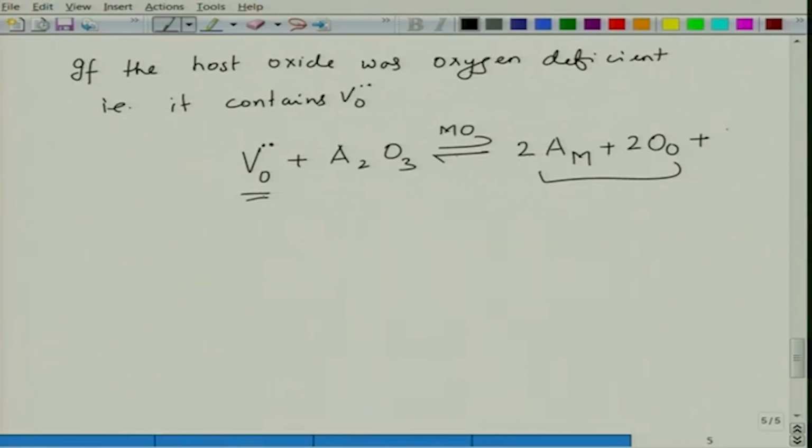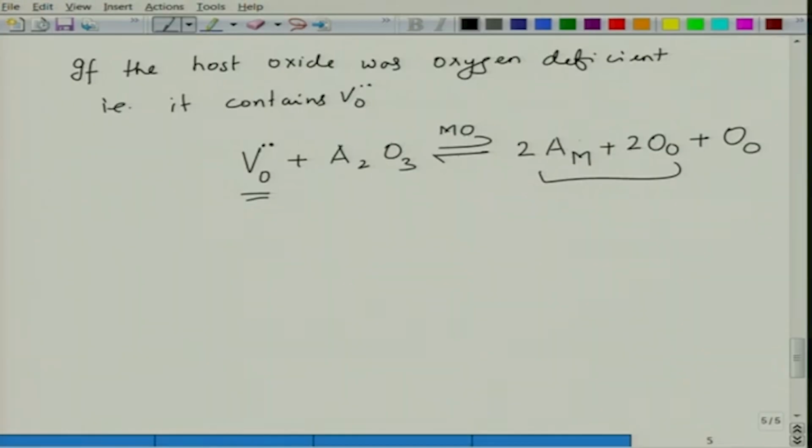This oxygen vacant site can be filled by this extra oxygen. So, now you do not disturb the site balance. You had one site here, you have filled that site with extra oxygen, and two other sites which were created, they are balancing each other. So, this is basically another way.